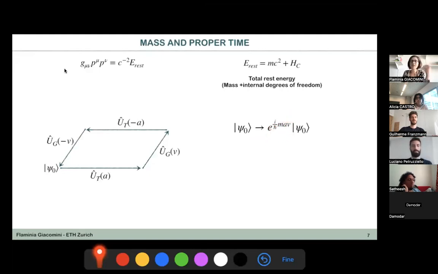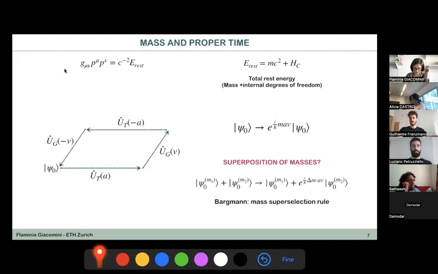And as we have learned, global phases are not observable. But now, imagine that we consider an initial state which has a quantum superposition of masses. So we have a state that initially is psi 0 with mass m1, plus psi 0 with mass m2. And now we do the same cyclic transformation. In front of this one, we will have a phase like that with m1.